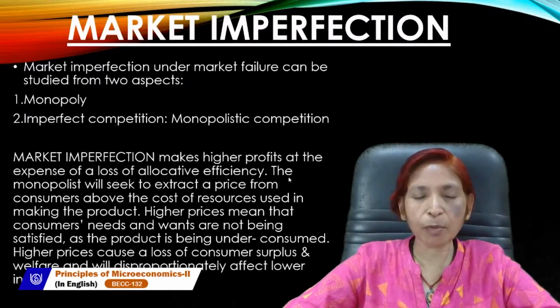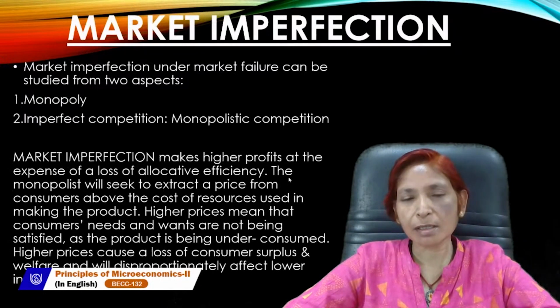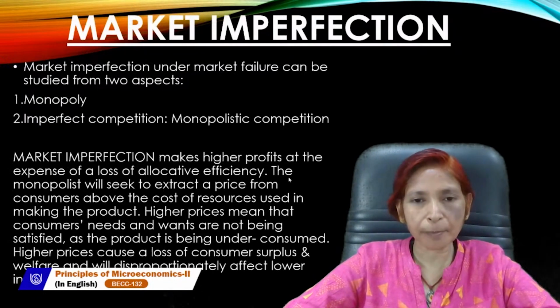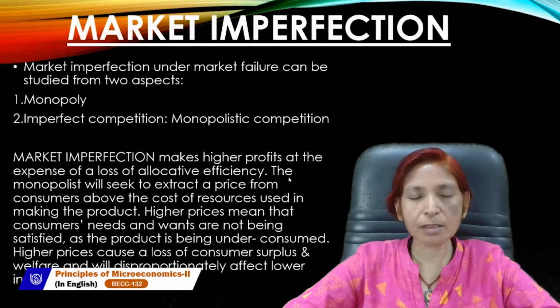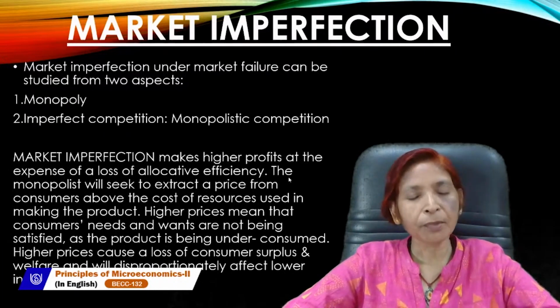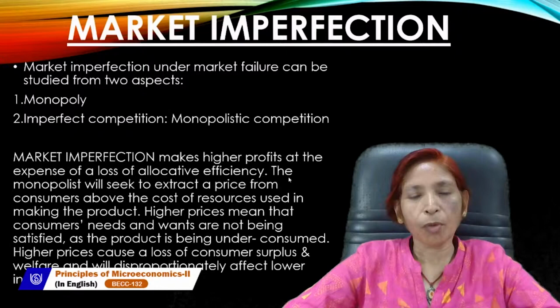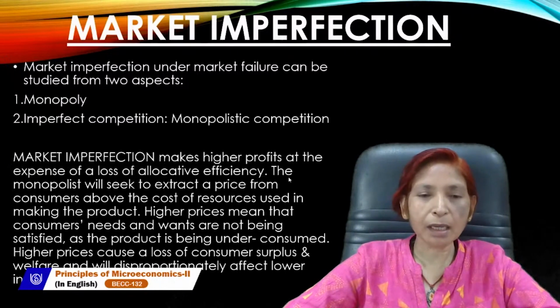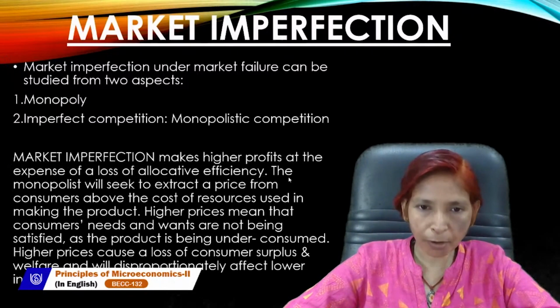They differentiate their product in the form of color, size, design, and packing, and at present we can see this type of market everywhere. The monopolistic competition market is also a price maker, and the producer's main aim is to earn maximum profit.